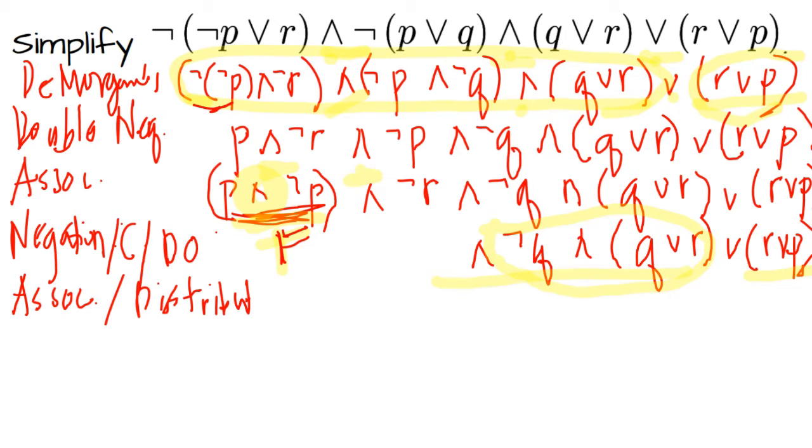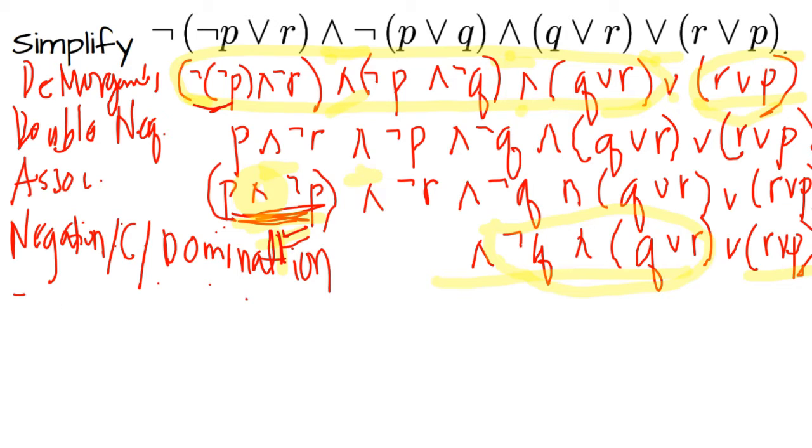So this false statement will dominate the R, will dominate the Q, and will also dominate the Q or R. So this will be a bit simpler now.